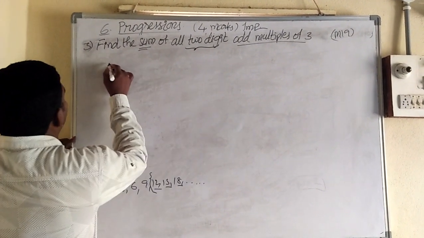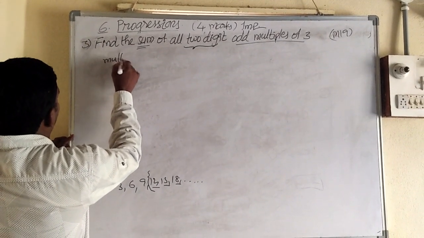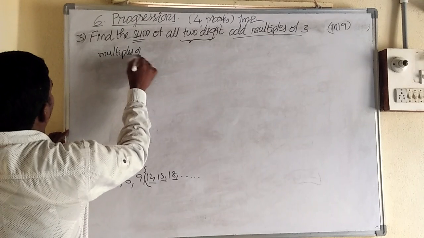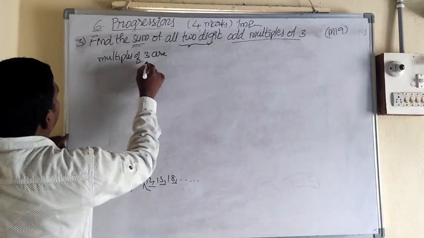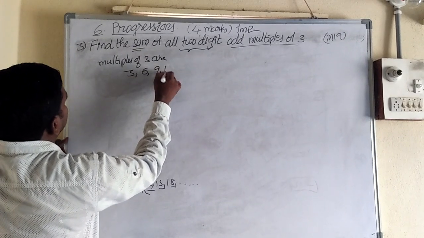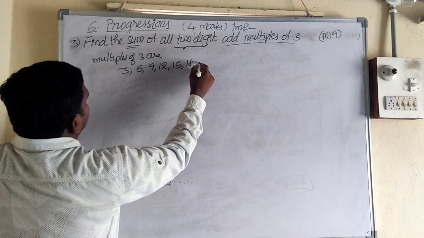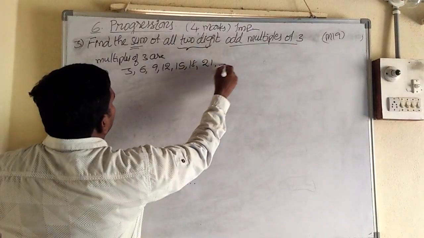Okay. So therefore, first I am writing multiples of 3. What are the multiples of 3? 3, 3 twos are 6, 3 threes are 9, 3 fours are 12, 3 fives are 15, 3 sixes are 18, 3 sevens are 21, and so on.